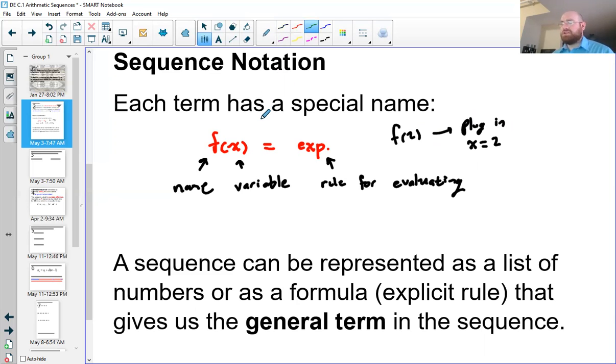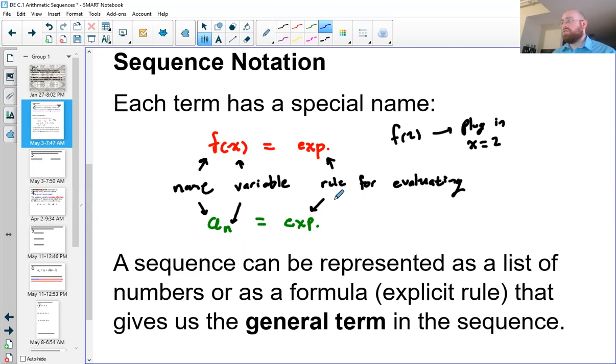Sequences and series also have their own notation. Today we're just looking at sequence notation. Sequence notation is a sub n, and it's also equal to an expression. And so a is the name, n is the variable, and our expression is the rule for evaluating.